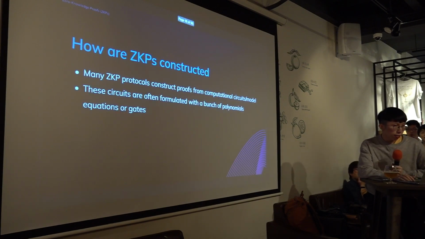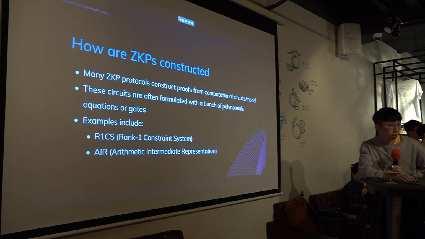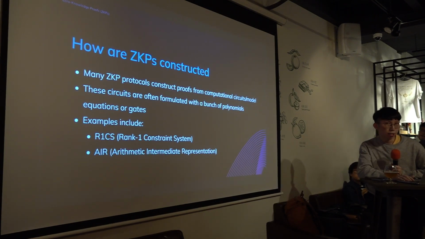Okay. And these circuits are often formulated with a bunch of polynomial equations or gates. And examples include R1CS, and another one is called AIR. And today we'll be mostly using R1CS as our example because this is the protocol that Keelung is targeting.